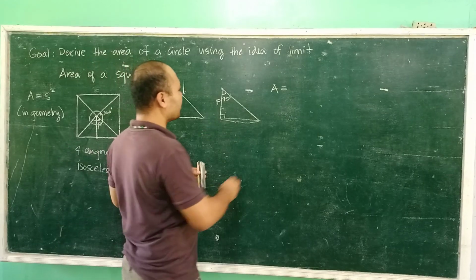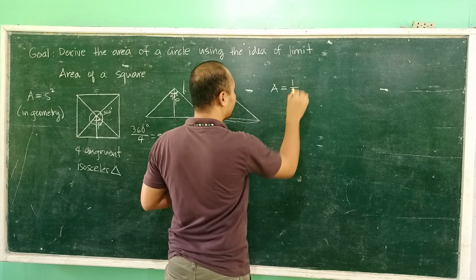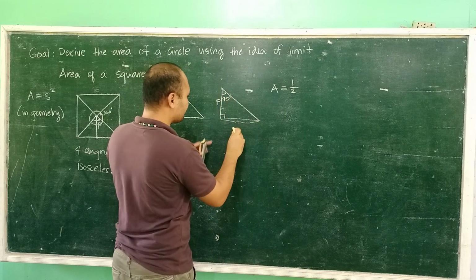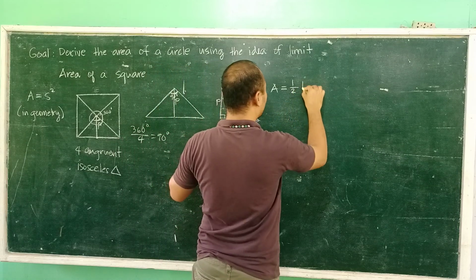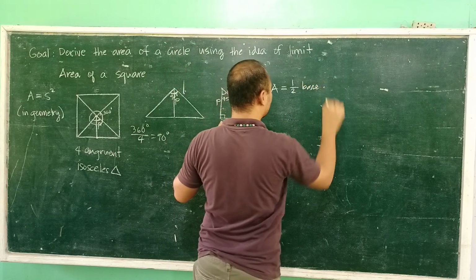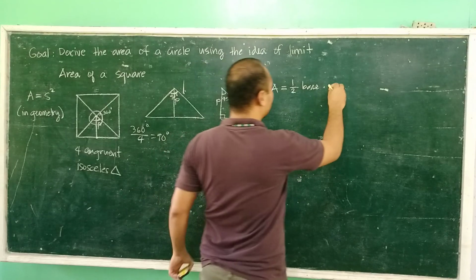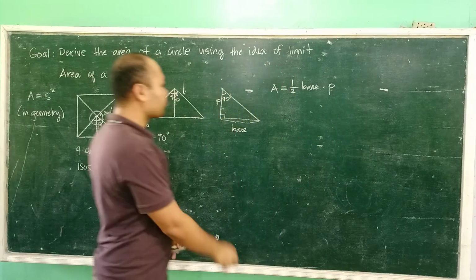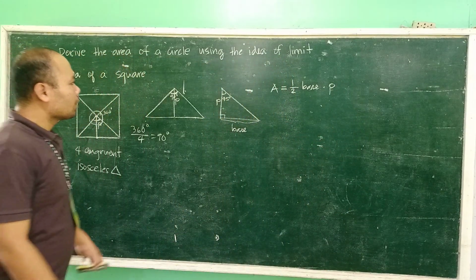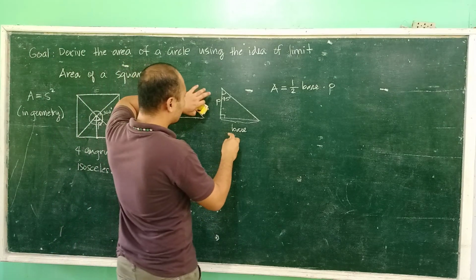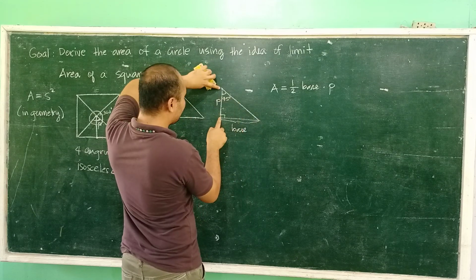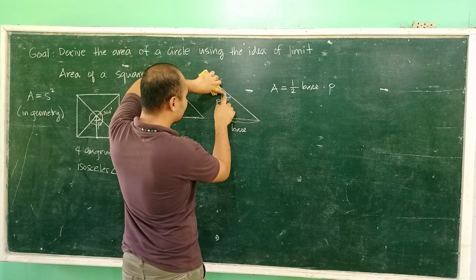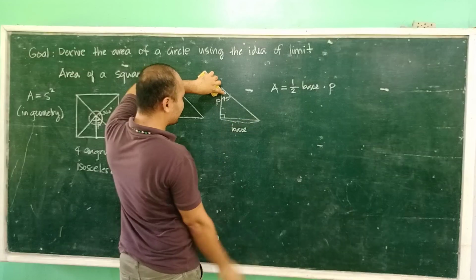The area is just 1/2 the product of base and height, which is P. Can we solve for the value of the base? This is P, and this is 45 degrees. We can always find this base.